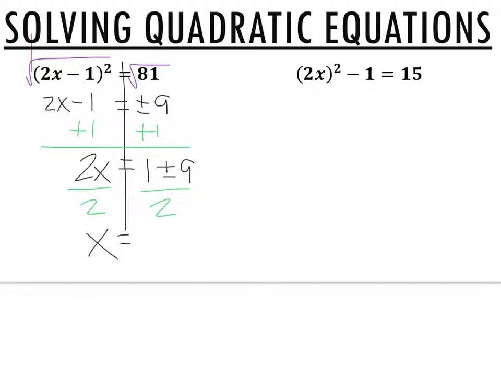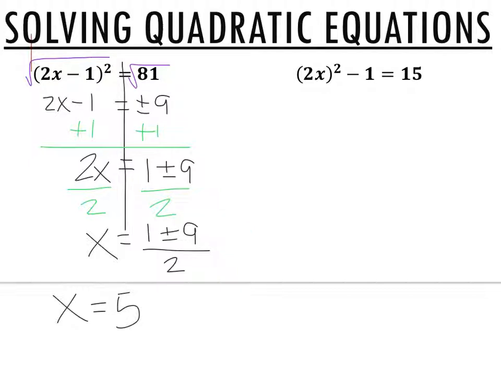And I have this whole big addition-subtraction problem over here. 1 plus or minus 9 all over 2. And so I'm actually going to do that so I can figure out what x is. 1 plus 9 is 10 divided by 2, and 10 divided by 2 gives me 5.